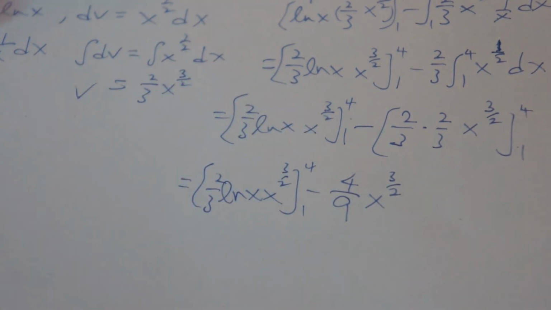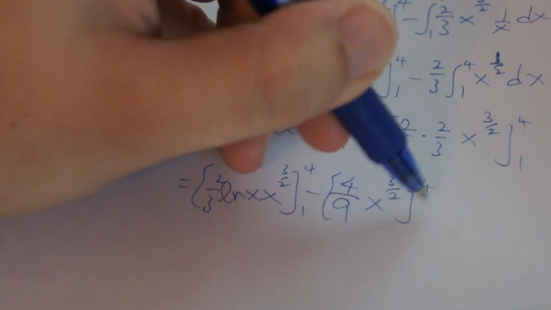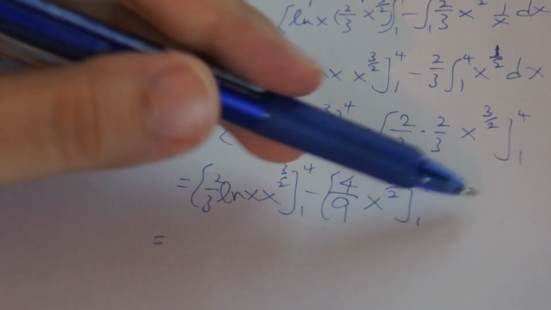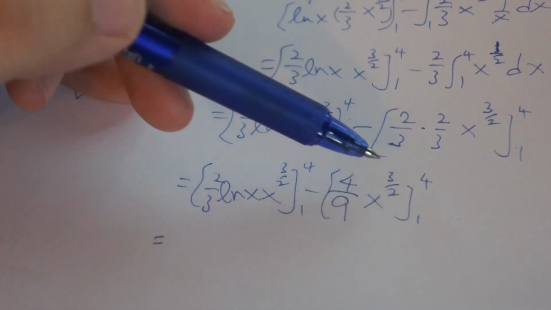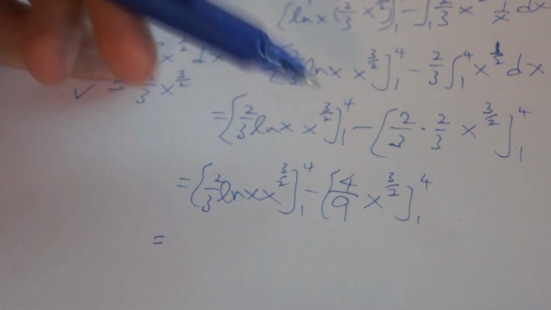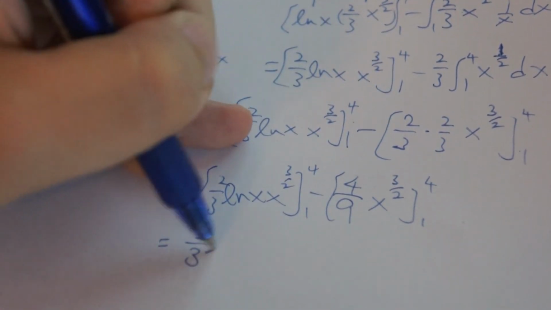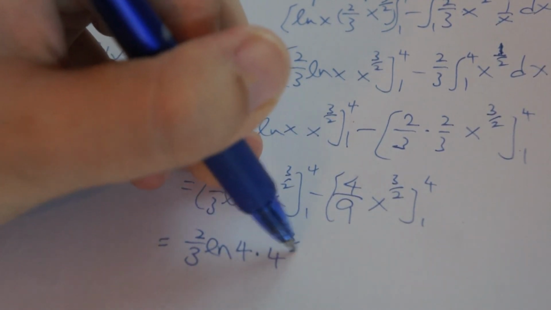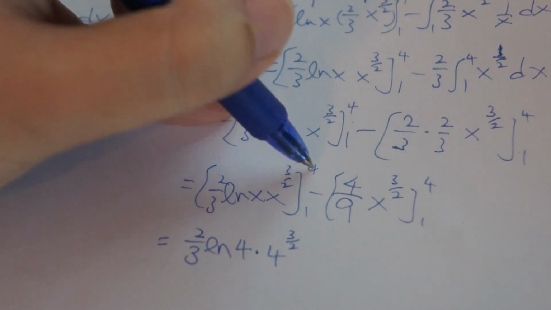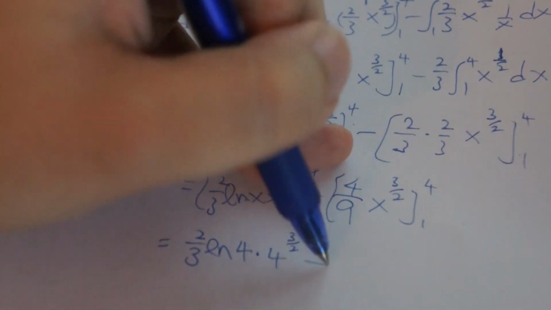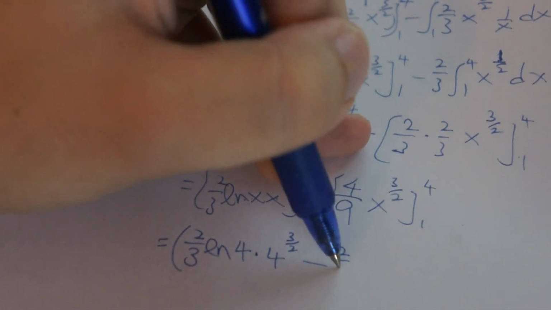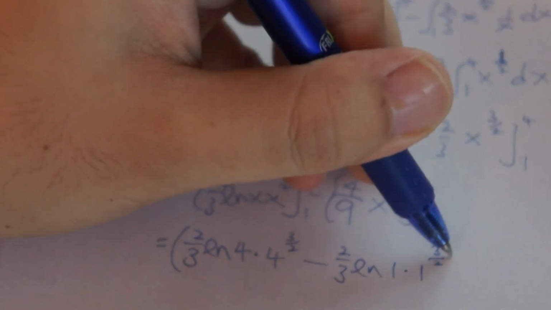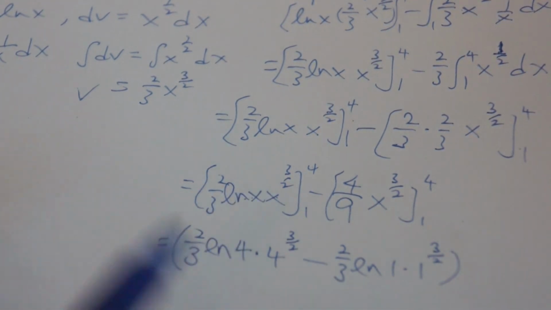If you have numbers as the boundaries, upper limit and lower limit, you don't need to add c because we should have the direct answer. So 2 over 3 ln 4 times 4 to the 3 over 2, you substitute the 4 into the x, and then minus ln 1 times 1 to the 3 over 2. So this is the first part.